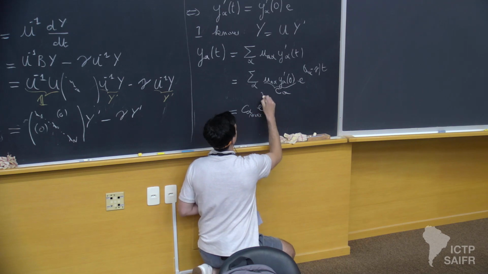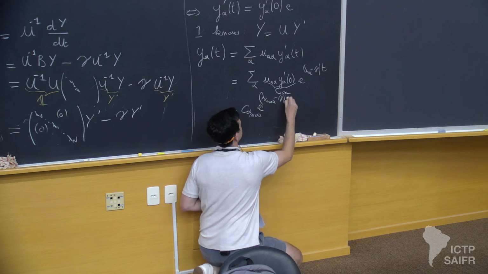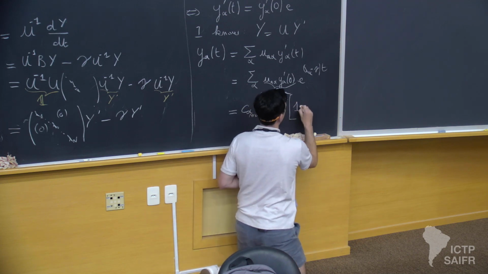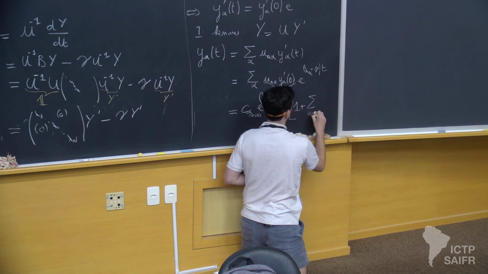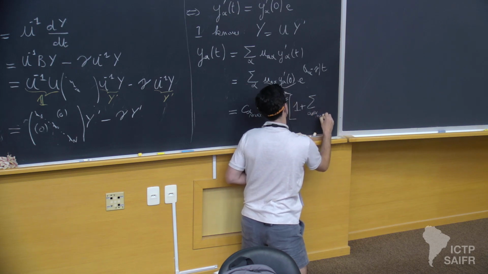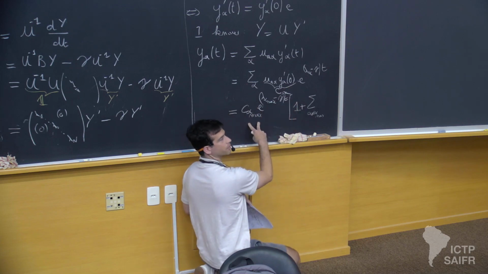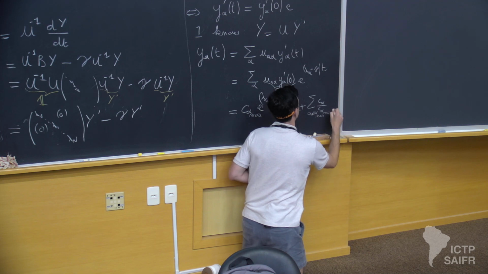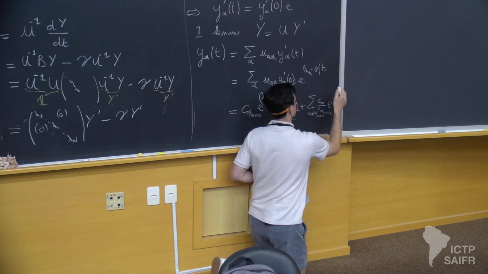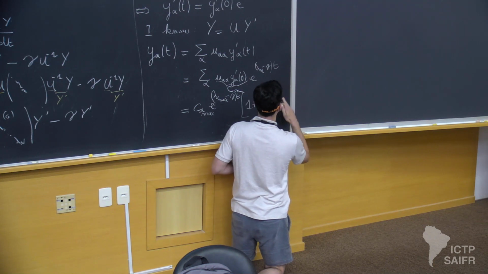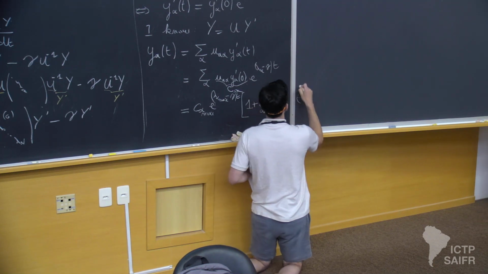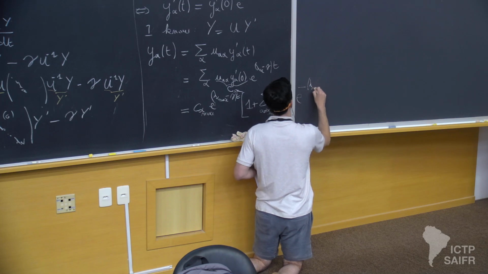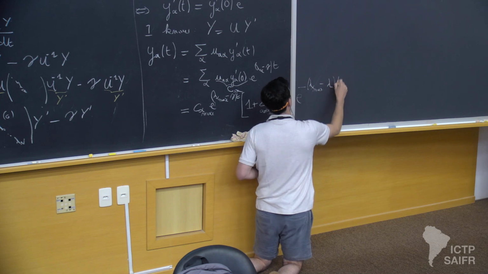So I have exponential of (lambda alpha max minus gamma) t, and then I have 1 plus the sum over all the alpha which were different from alpha max of this divided by that. So I have C alpha over C alpha max, times exponential of (lambda alpha minus lambda alpha max) t.